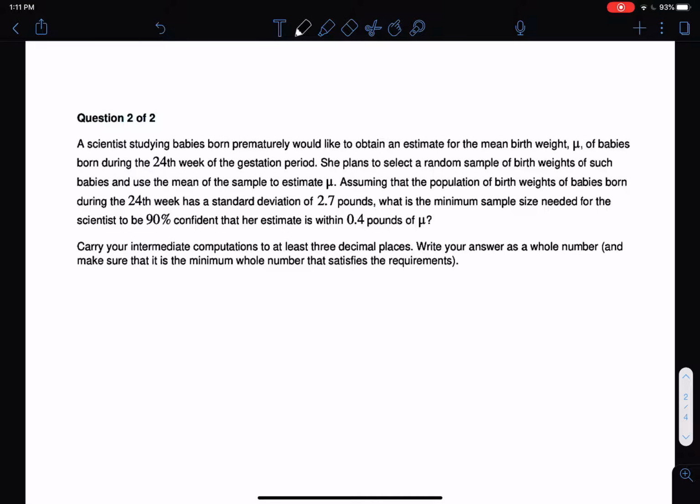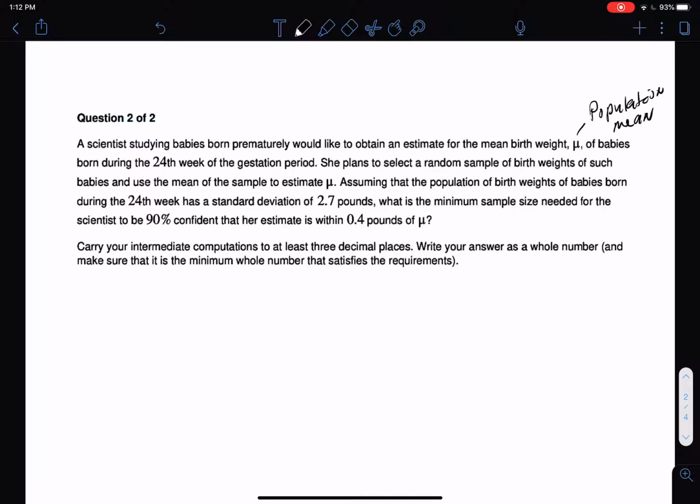A scientist studying babies born prematurely would like to obtain an estimate for the mean birth weight. So this is basically the whole procedure of confidence intervals. This is the population mean, right? That's the population mean of babies born during the 24th week of the gestation period.